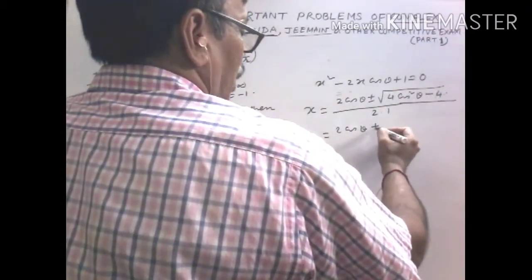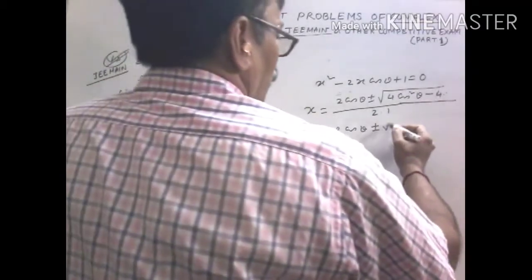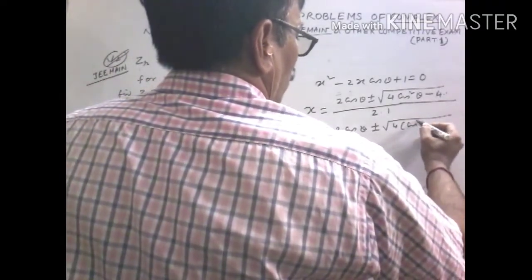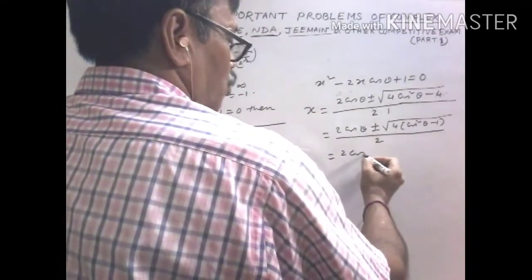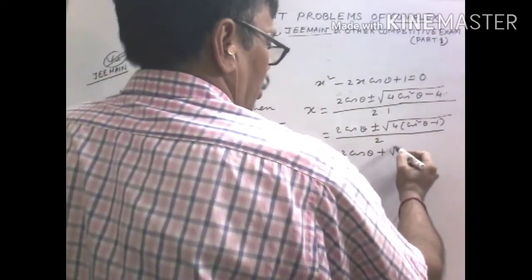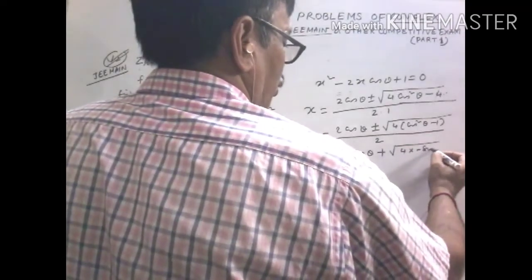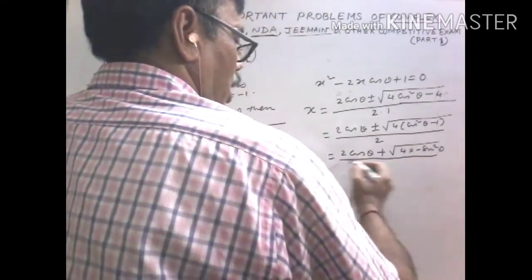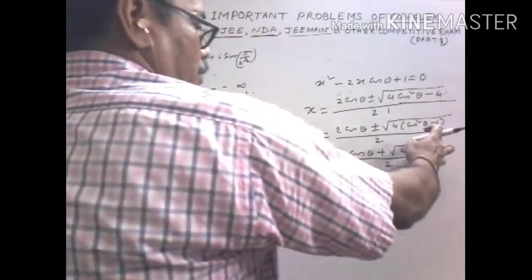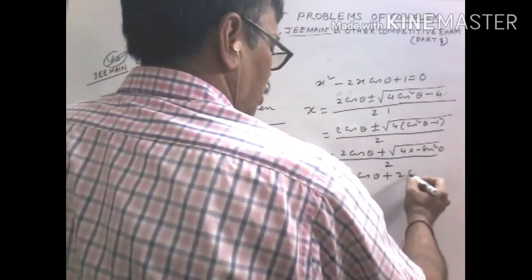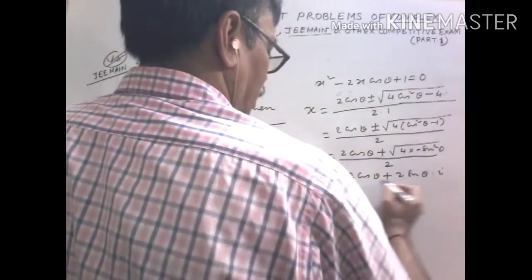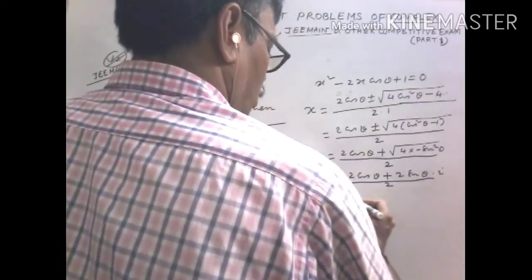So 2 cos theta plus minus, 4 common, cos square theta minus 1, by 2. So 2 cos theta plus minus root of 4 into minus sin square theta. So within the square root there is a negative sign, so this is an imaginary number. So 2 cos theta plus minus 2 sin theta into i by 2.